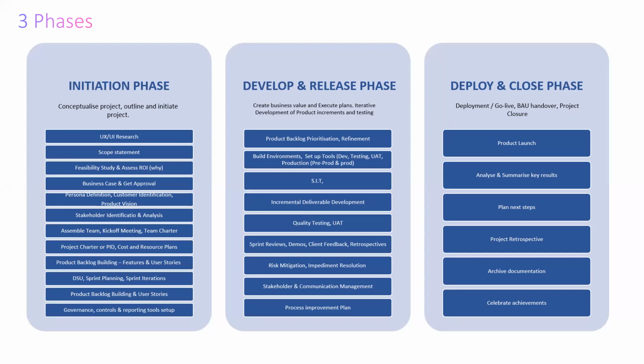It was just hiding. Persona definition. So why do we have persona definition, customer identification? Why do we have that? What do we do with persona? Why do we have business case, get approval?